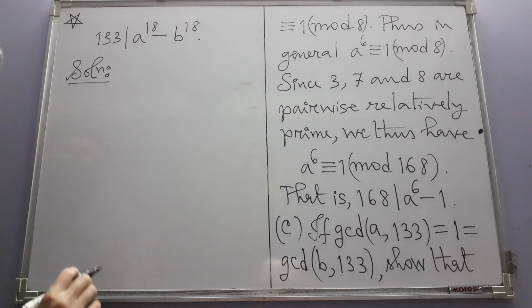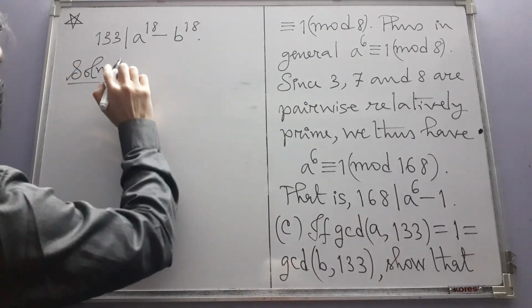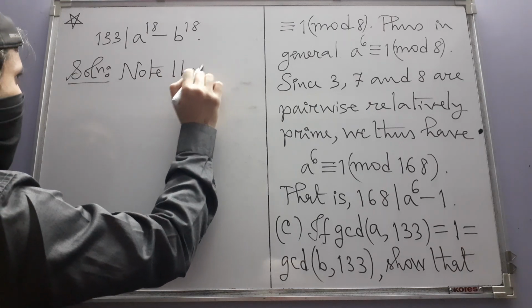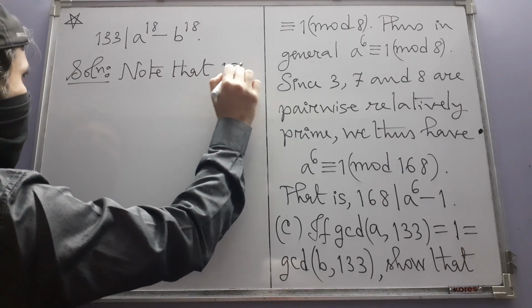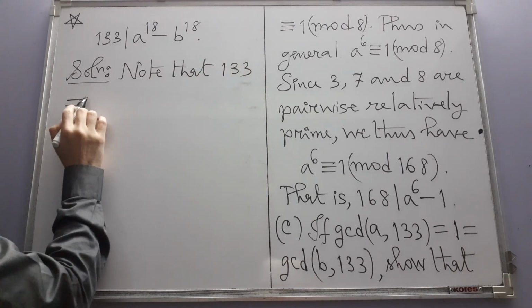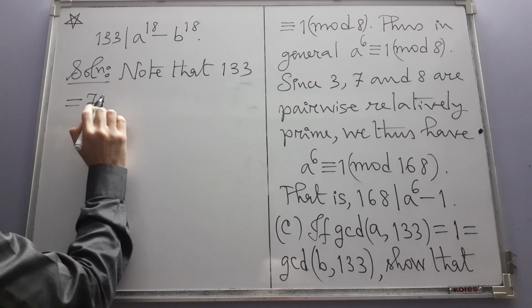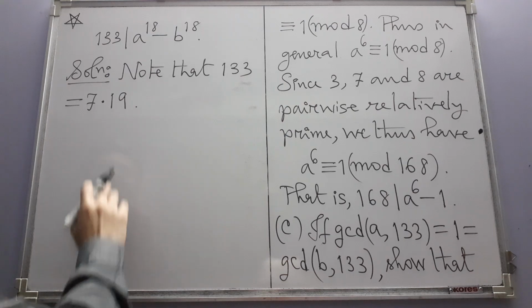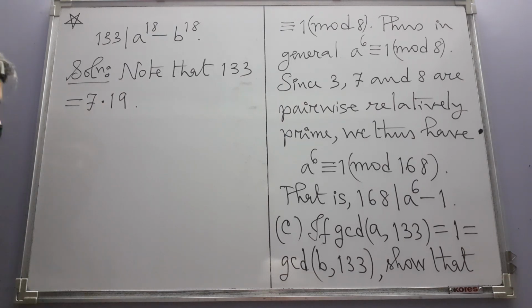Let us first see what type of number this one is. Note that 133 is 7 times 19. Let me just tell you something about this notation dot.